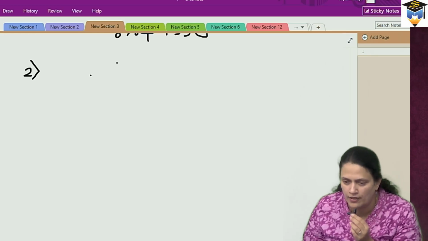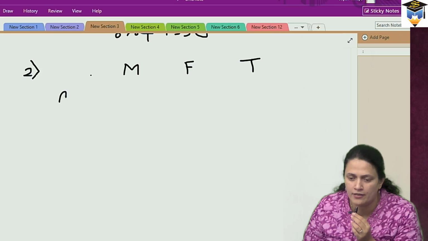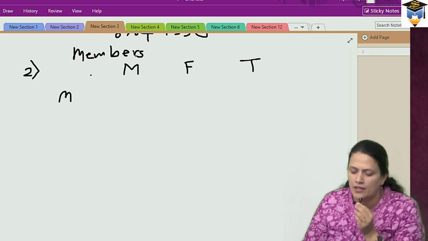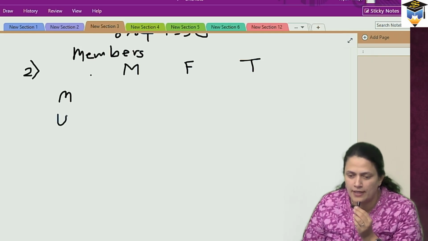Male, female, total, married, unmarried, and total. We are forming a table for members of the trade union.